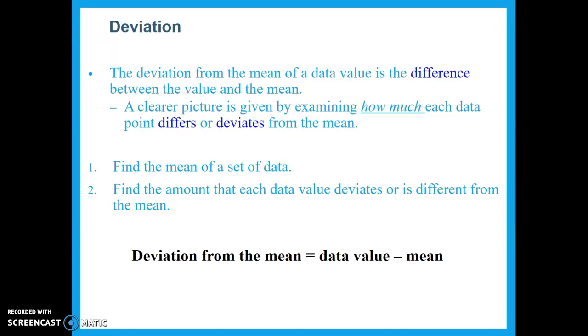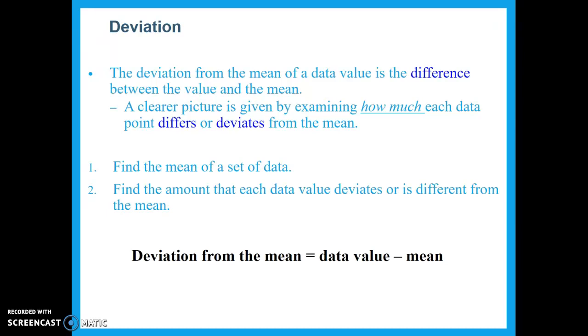So we have to find the mean of the set of data and find the amount that each data value deviates or is different from the mean. So if we think back to, I gave you a short example in the first video about differences in heights. Females' average height may be 5'6", with a standard deviation of 3.2 inches.